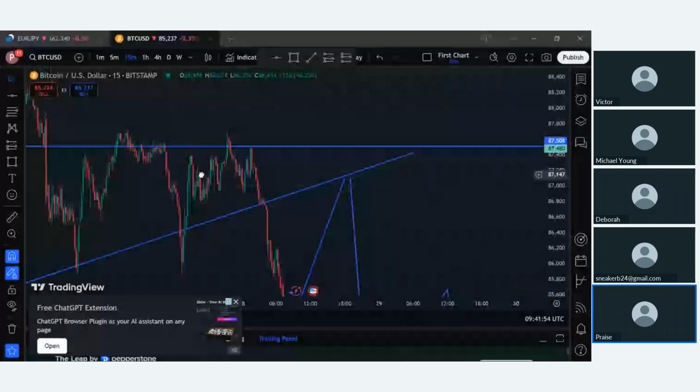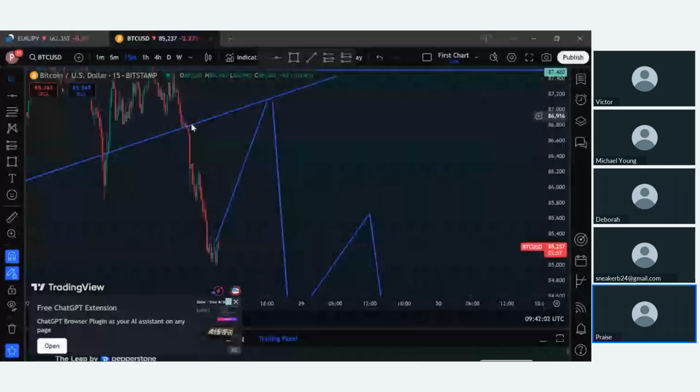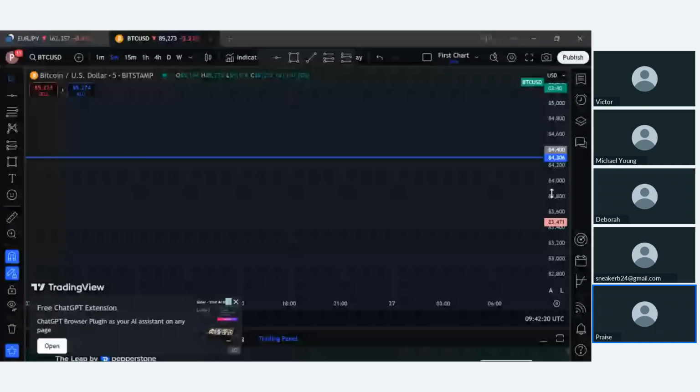So the market broke this time around and came down. So now we are expecting the market to come down here, then take an entry to the downside, right? So if you come to your 15 minutes and you did not see any confirmation, you can also come to your 5 minutes and look for entry opportunities, right?